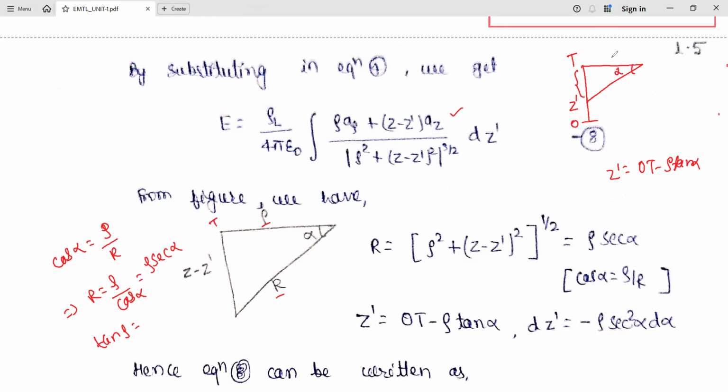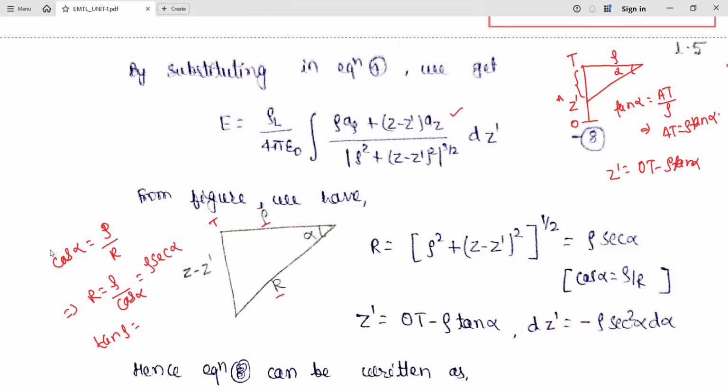This is the rho already, and suppose we write another point here, A B. So rho tan alpha is what here? AB by rho. So finally, what will be the AB value? Rho into tan alpha. Like this, we are able to find the values.